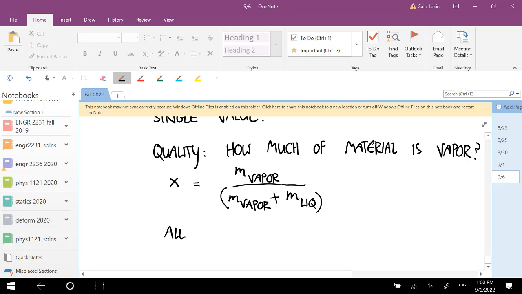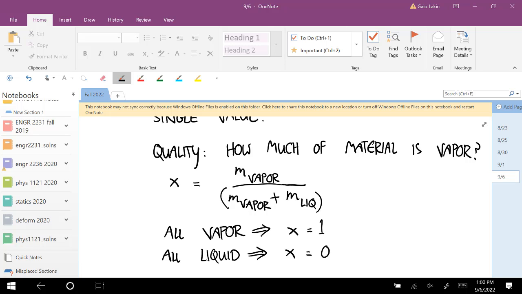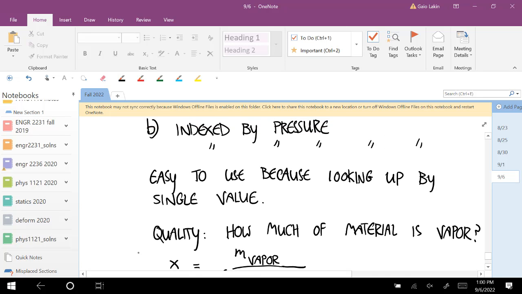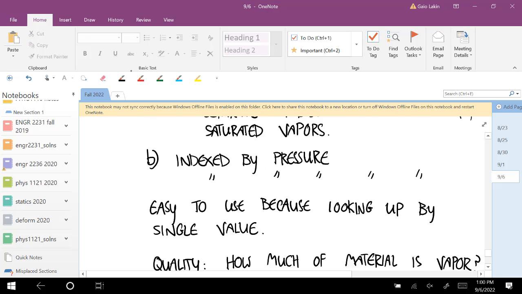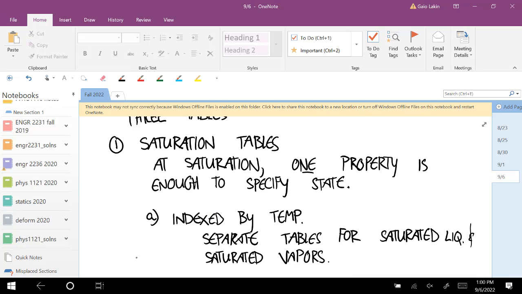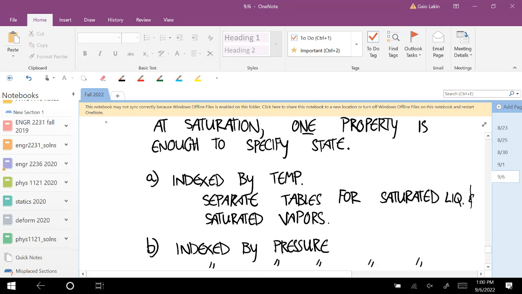If your system is all vapor, then X is equal to 1. And if your system is all liquid, then quality is 0. Okay, so those are the easier ones to use. Those are the saturation tables. So that's one of the 3 types of tables that we'll use.